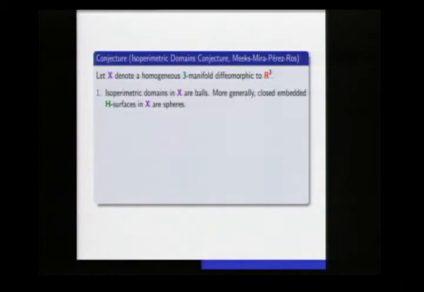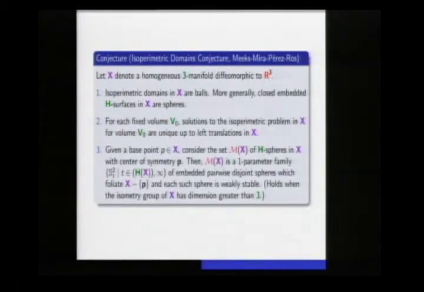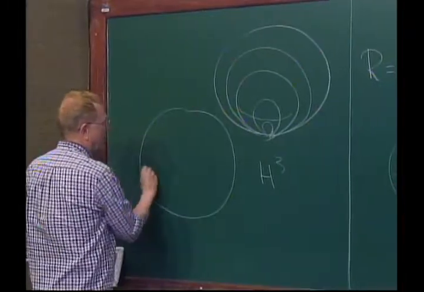here's our conjecture that we had a minute ago. But I want to add one more interesting property. So this is something, again, we really would like to know holds. And when you're topologically R3, you're homogeneous, we would like to find something like what we have in hyperbolic space. So here's hyperbolic space.